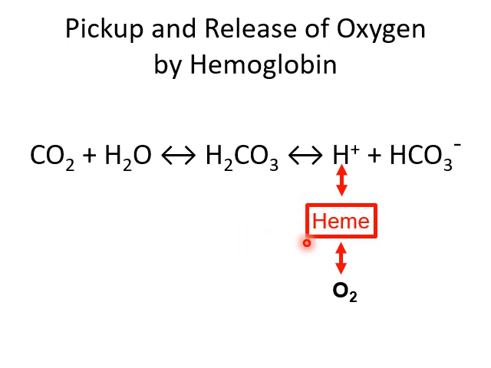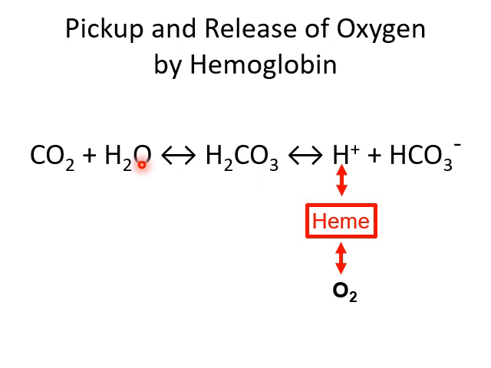So another thing to think about, we said that the oxygen can be very elegantly released into the tissues by a simple mechanism. And we know that the amount of hydrogen ions will affect the stickiness of oxygen to the heme molecule in the red blood cell, in the hemoglobin.